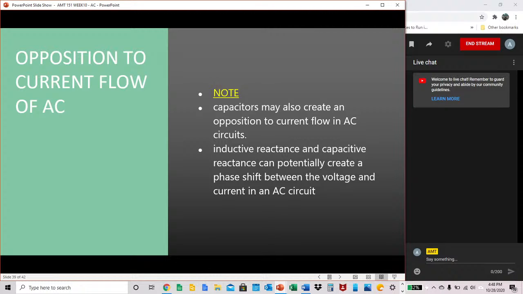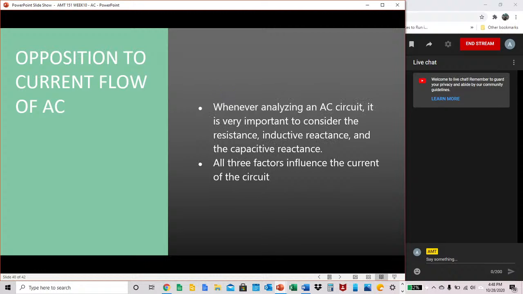So not only can they affect the current flow, but they do have the potential to affect the phase. Whenever analyzing an AC circuit, it is very important to consider the resistance, inductive reactance, and the capacitive reactance. All three factors influence the current of the circuit.